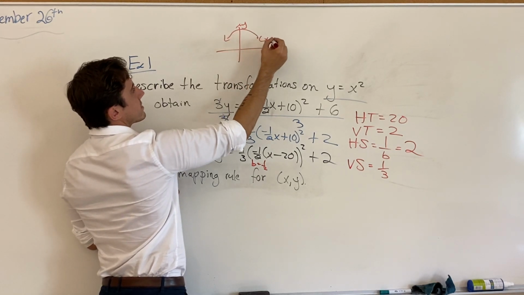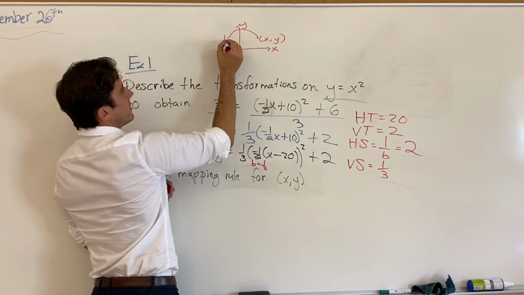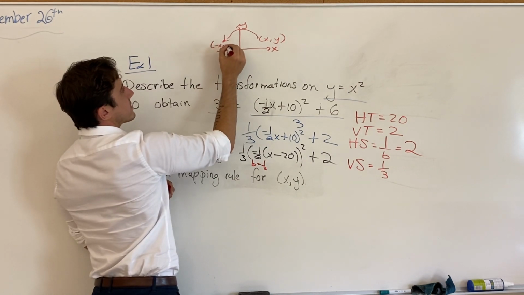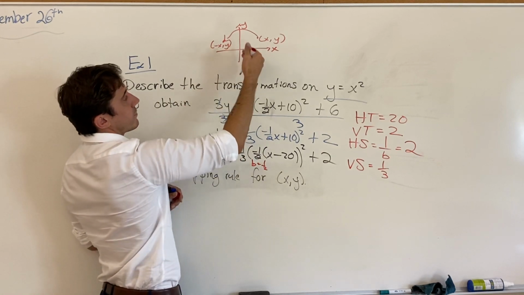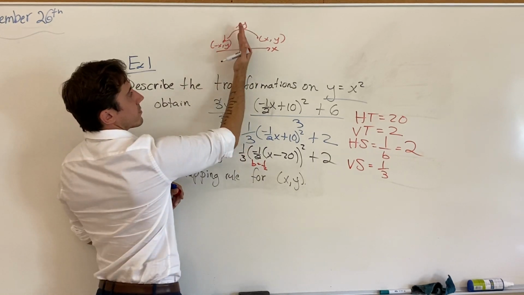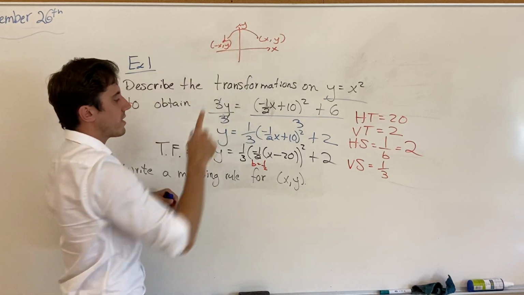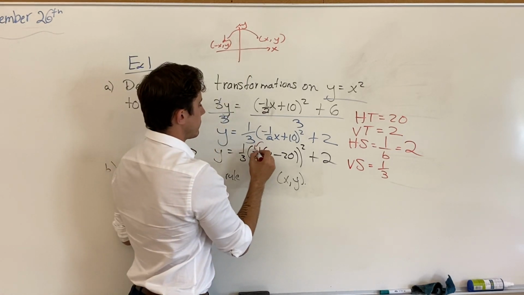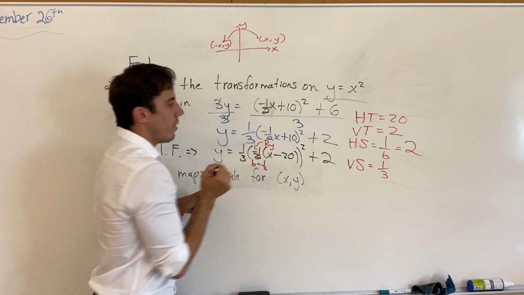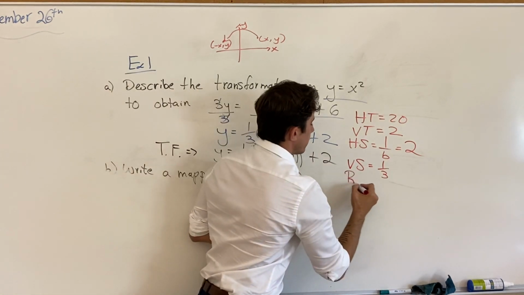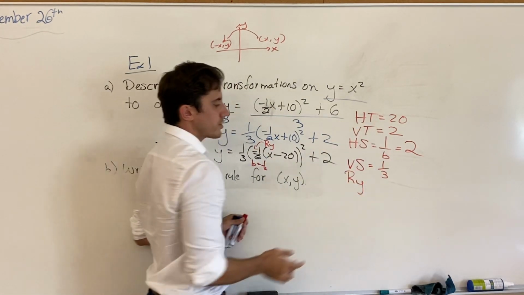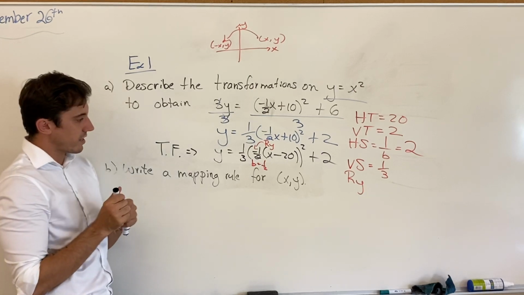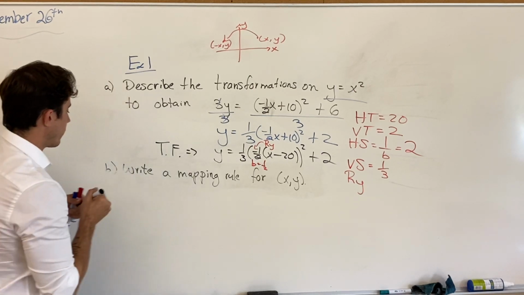So here we would have x on the y, and over here we would have negative x on the y. So when the x changes sign and gets reflected, that's a reflection about this vertical line, which we know to be our y-axis. And so we can refer to this as a reflection in the y-axis and simply make note of that down here. And there we are. So we have 4 transformations and a reflection, so maybe 5 transformations if you'd like to think of it that way. And now we can go ahead and write our mapping rule.